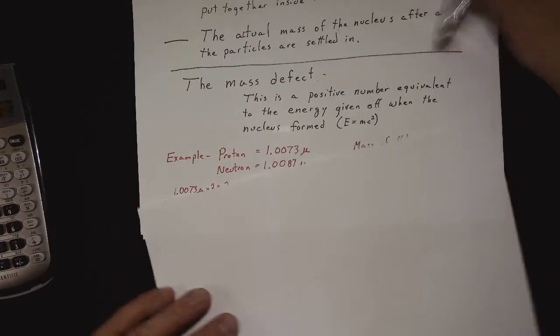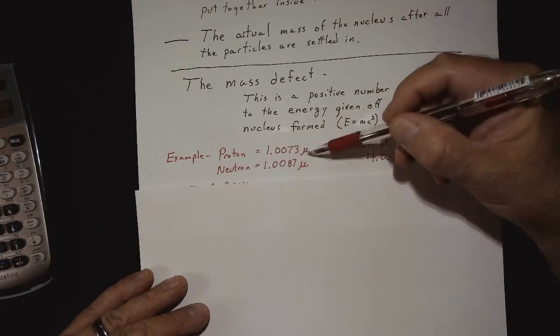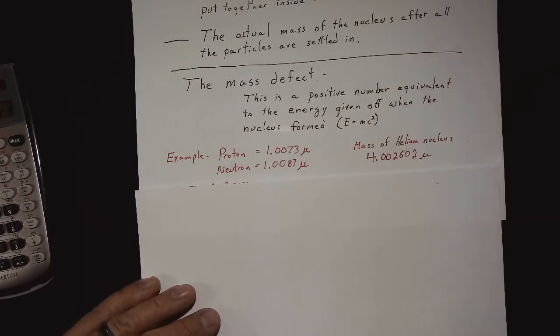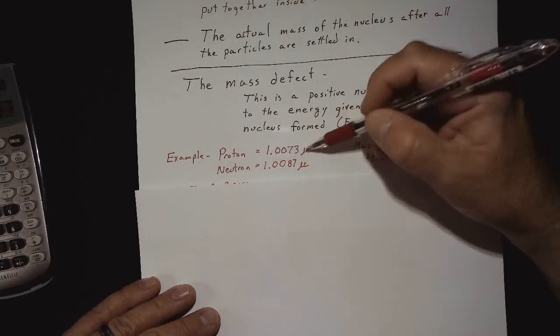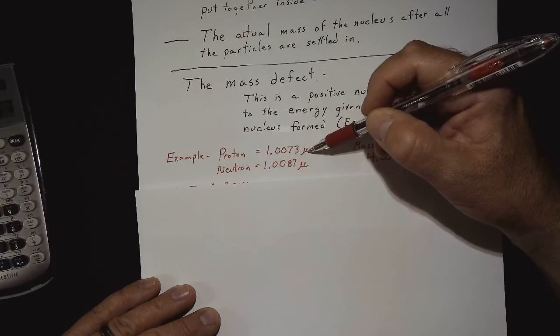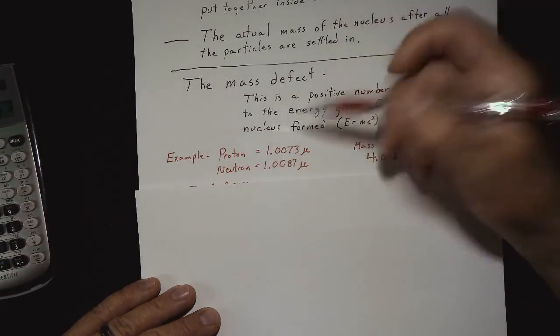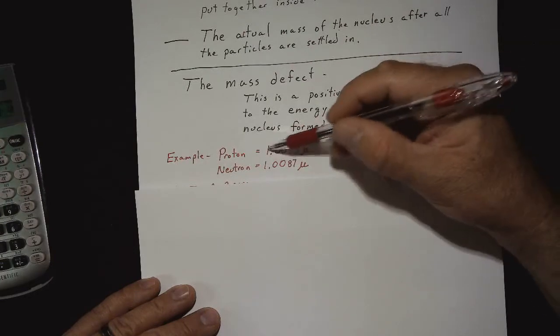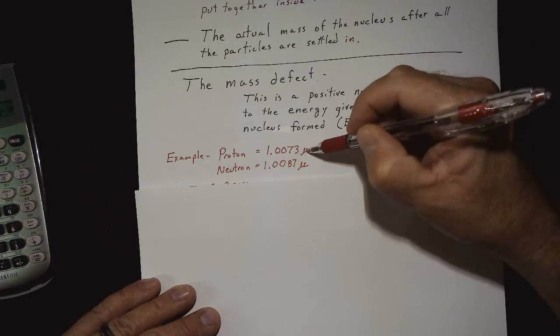Let's take a look at an example problem. All right, so if I take a proton and look at this in atomic mass units. Now, atomic mass units I'll define in a second, but it's 1/12 of the carbon-12 nucleus, so it's the average mass of a nucleon. A proton has a mass of 1.0073 atomic mass units.